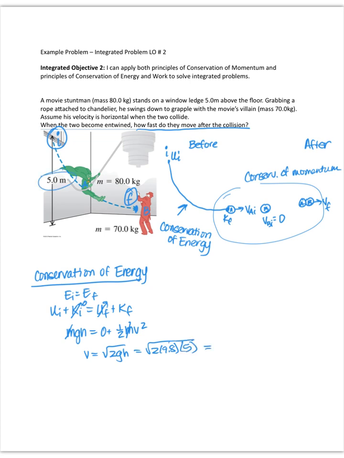This gives us an initial velocity that he's moving with when he gets to the bottom of his swing of 9.9 meters per second. This is going to correspond to the initial velocity of him for the purposes of looking at this from the viewpoint of conservation of momentum, the second part of this problem.